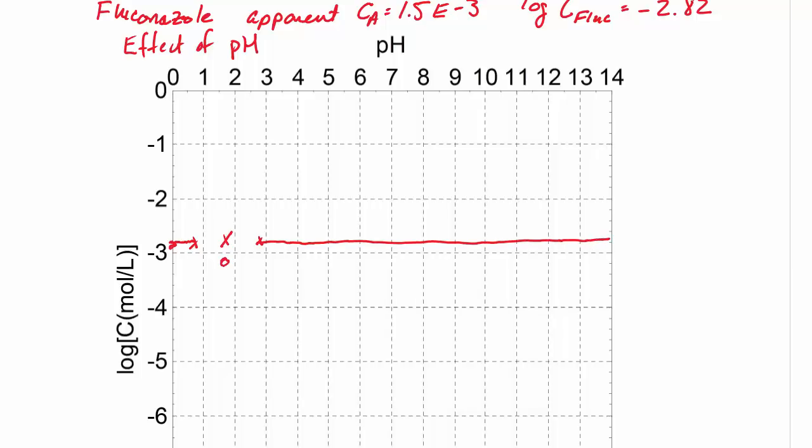Then I need to construct the diagonals. I've got one proton here that's going to be involved in the dissociation, and I want to do this relative to my original construction point here at the pKa. I'm going to do that quickly by going over 1 pH unit and down 1 concentration coordinate at a time.